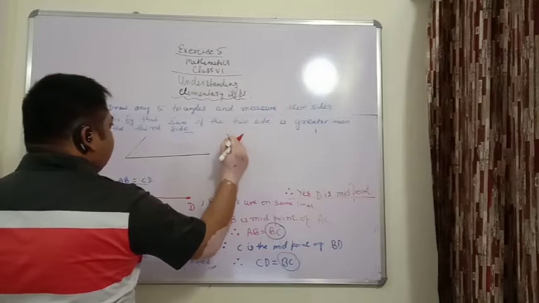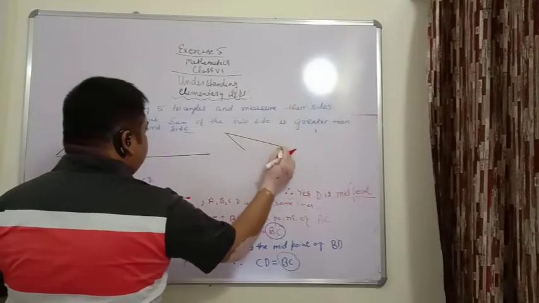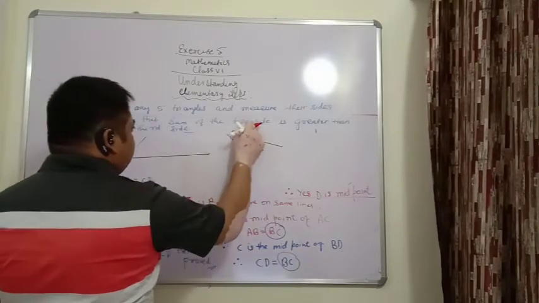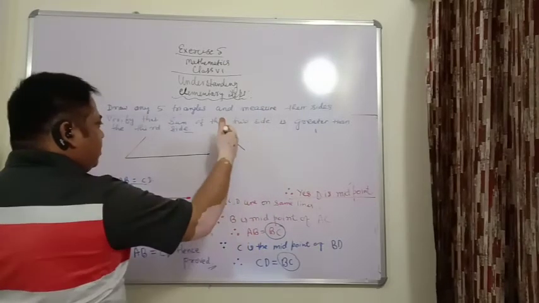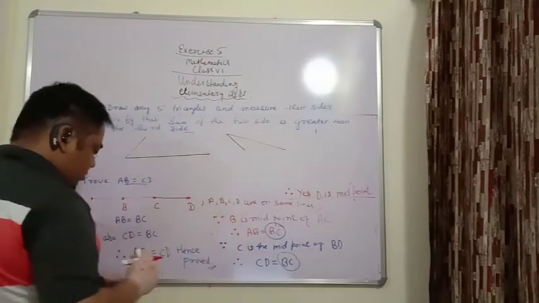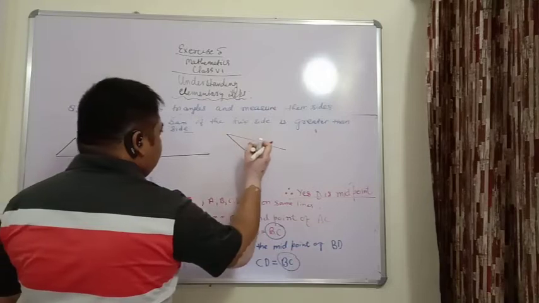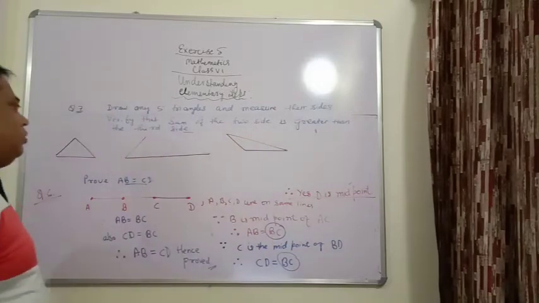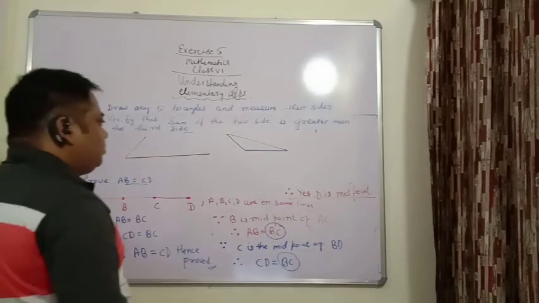Now one like this, one like this, three I have drawn, then four.